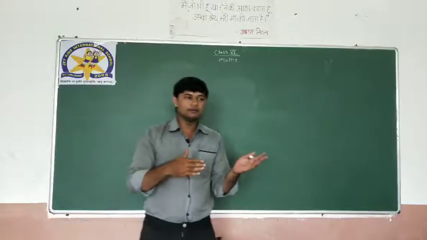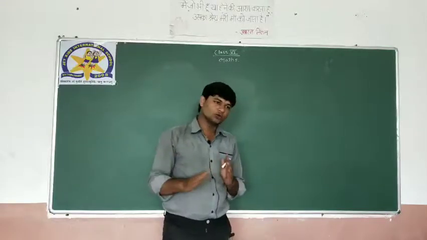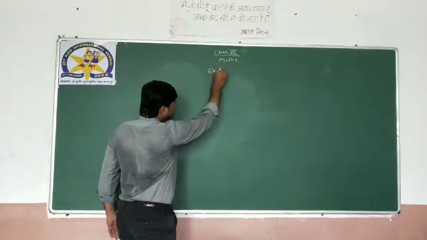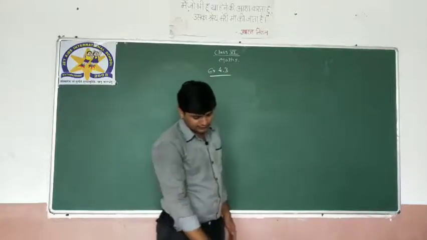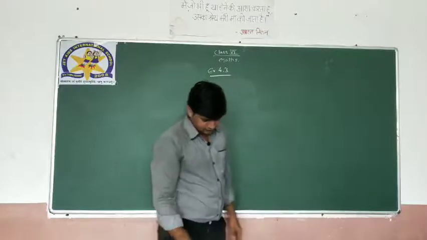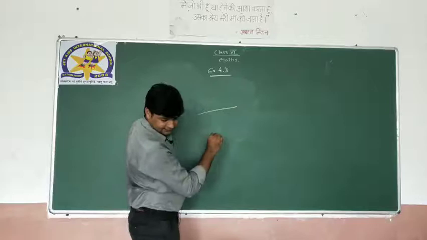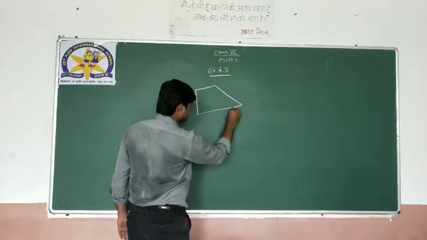If I use the terminology vertices, then it is the plural form of vertex, don't worry. So let us start exercise 4.3. The first question in 4.3 is to name the angle in the given figure. So a figure is given like this.